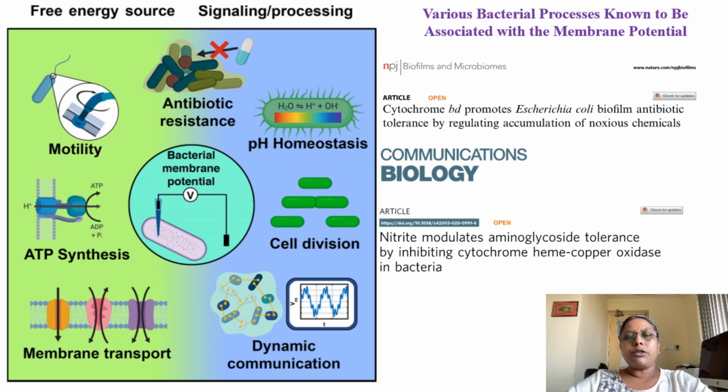It has also been shown that not all bacteria respond to this. There are certain bacteria where nitrite also modulates tolerance towards antibiotic. Now, nitrite does so by inhibiting the heme copper oxidase of the cytochrome in the bacteria.